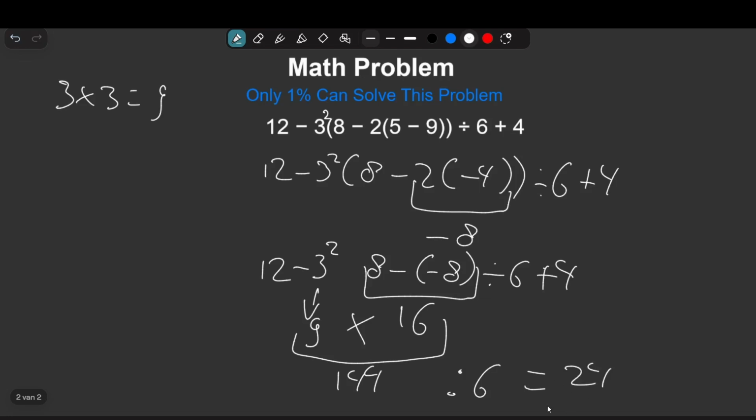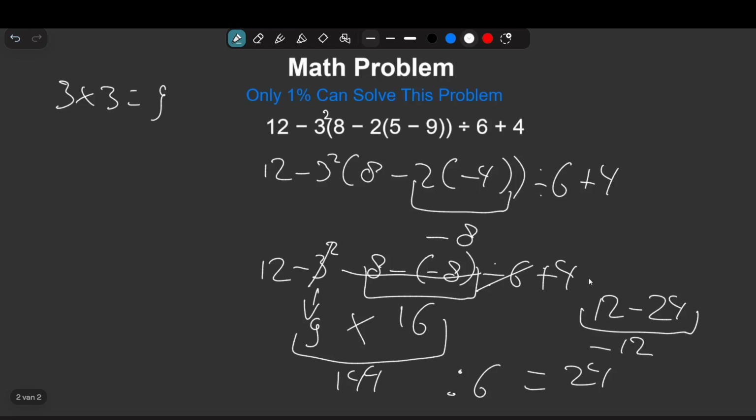And now for the last step, if you cross off everything you have already used, we can make this a bit simpler. So we already used this, this, and this, and as you can see, we only have subtraction and addition left. So what we're going to do now is go from left to right, which means we're going to do 12 minus 24. This will equal minus 12.